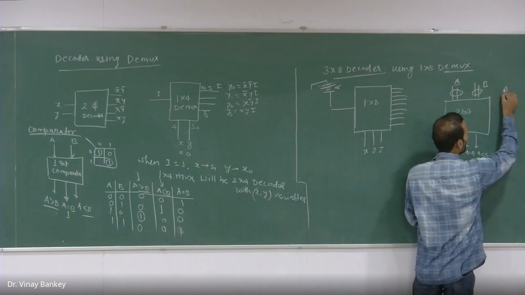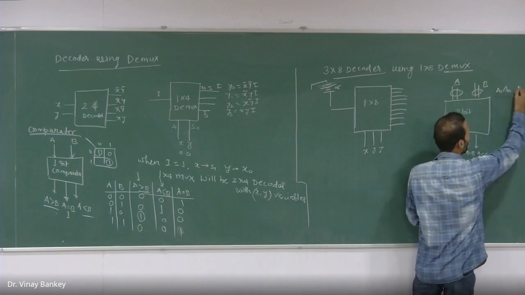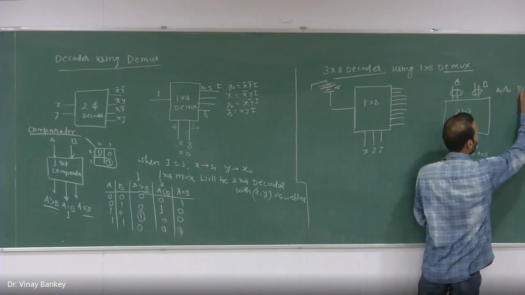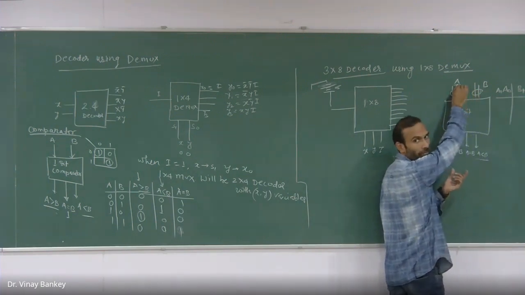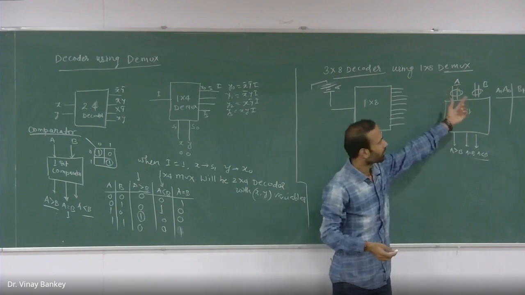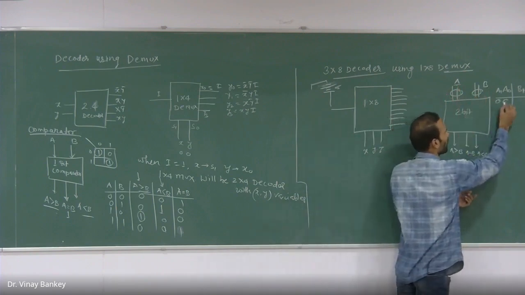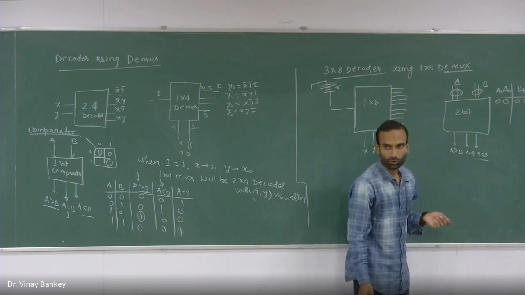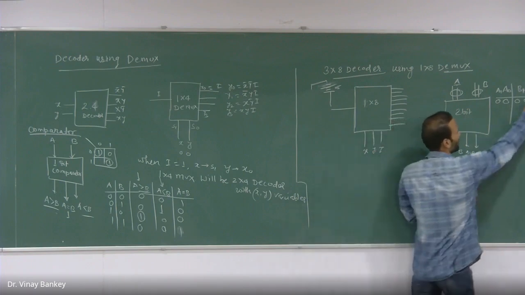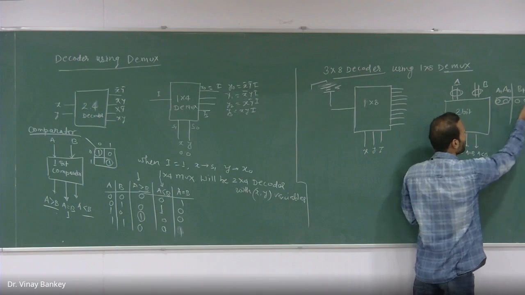There will be A0, A1 and B0, B1. Because A is a 2-bit stream and B is also a 2-bit stream, here we will have 16 combinations in total, and we will compare all of these.